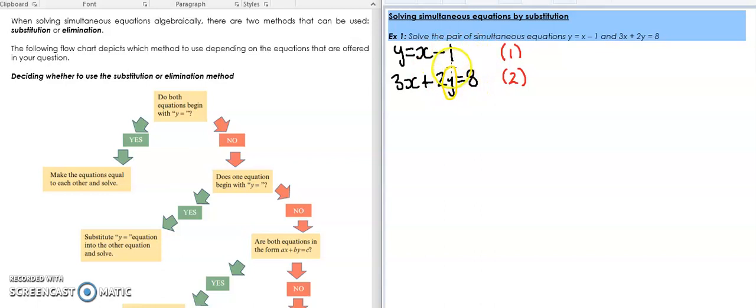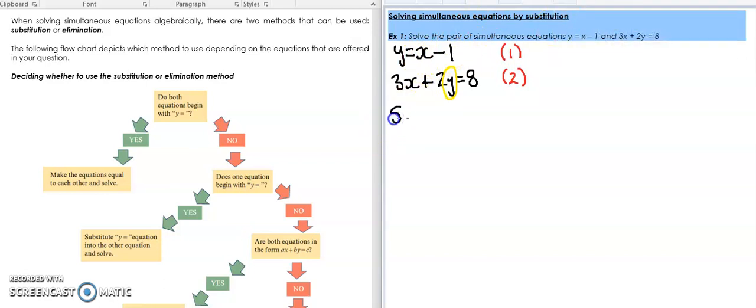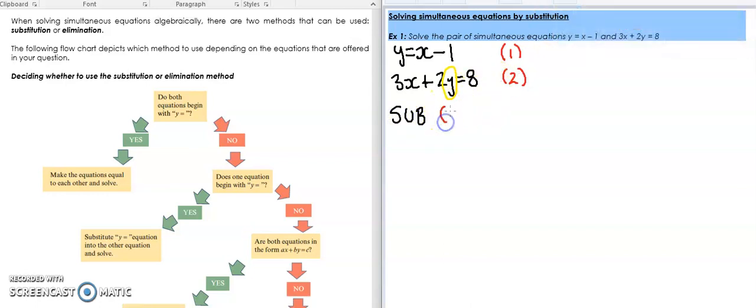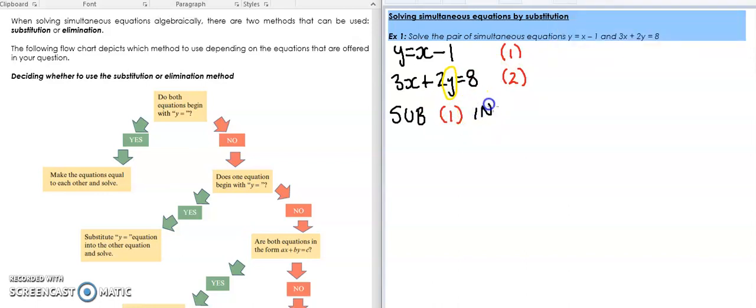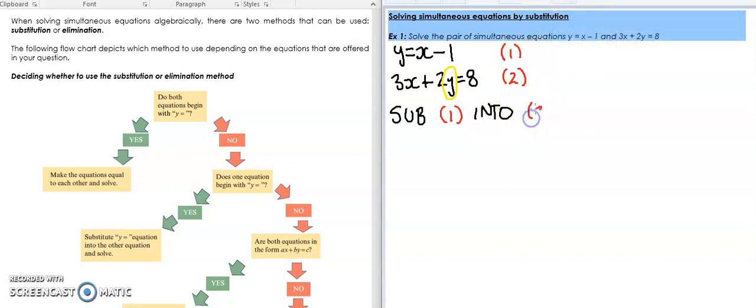To put this into other words, I'm going to substitute. I'm just going to write sub. So I'm going to sub equation 1 into equation 2.